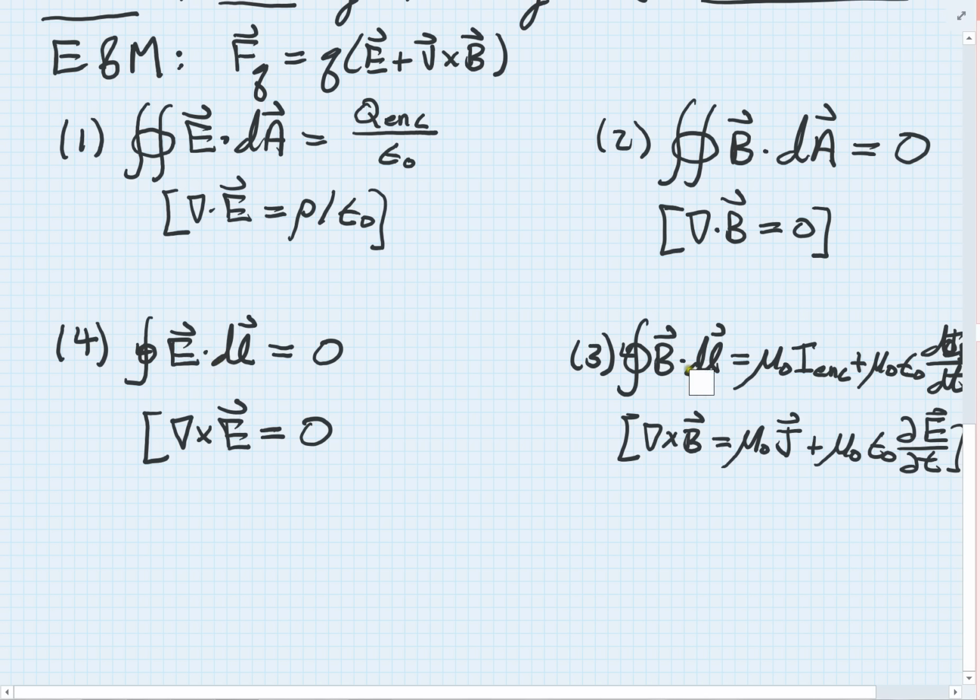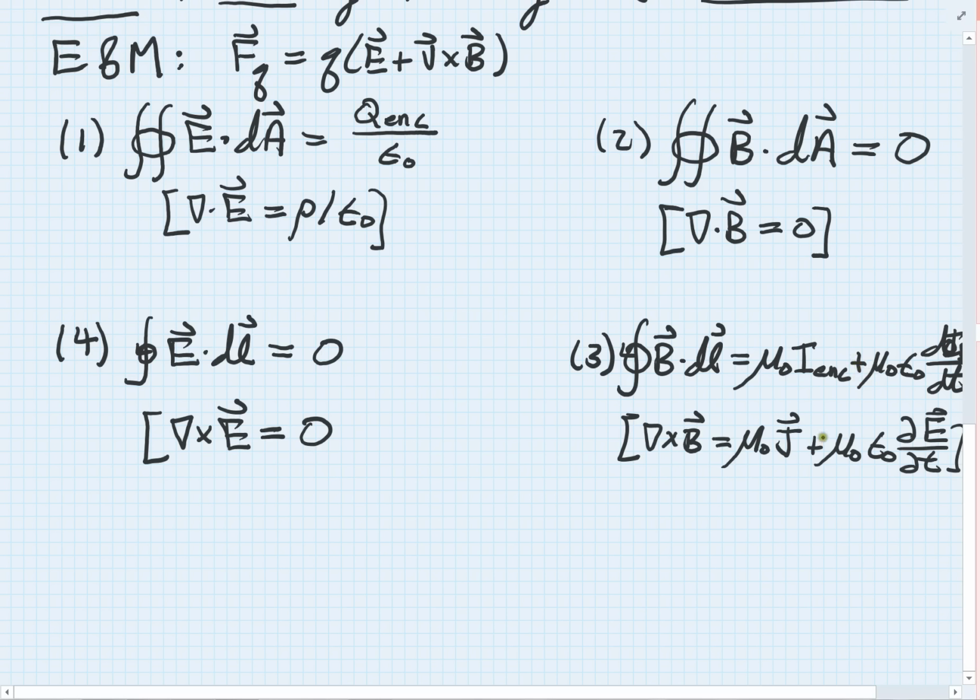We would expect, by symmetry of the two fields, that the first term should be the flow. Here, the magnetic field loop integral depends upon the flow of electric charges. Here we would expect the electric field integral would then depend on the flow of magnetic charges, but there are no magnetic monopoles, so we expect that the analog of this term would be 0, and of course the analog of the current density also would be 0.